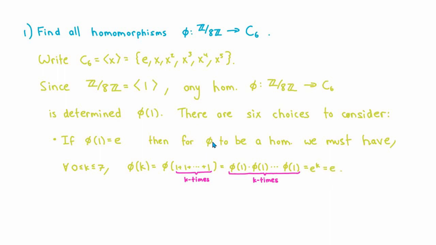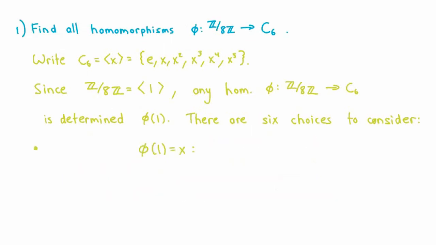So in other words, if phi is a homomorphism with the property that phi maps 1 to the identity, then it would have to map every other element of Z mod 8Z to the identity. Now, is the map which maps everything in Z mod 8Z to the identity a homomorphism? Well, it is a homomorphism, and it's what we call the trivial homomorphism from Z mod 8Z to C6. So that takes care of that choice of phi of 1.